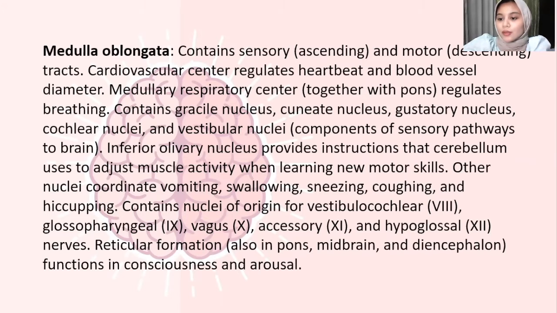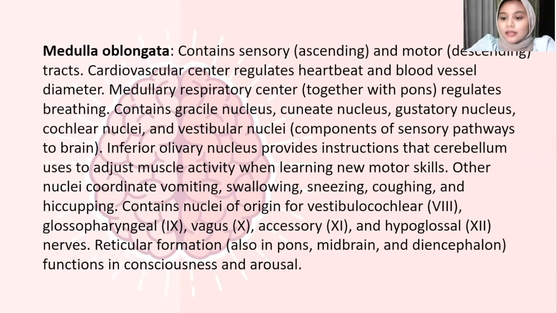They receive sensory information associated with equilibrium from the proprioceptors in the vestibular apparatus of the inner ear. The next is the vestibulocochlear 8 nerve. Several nuclei in the medulla receive sensory input from the cochlea of the internal ear via the vestibulocochlear nerve. This nerve conveys impulses related to hearing.